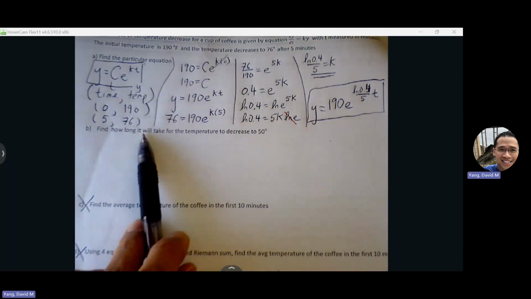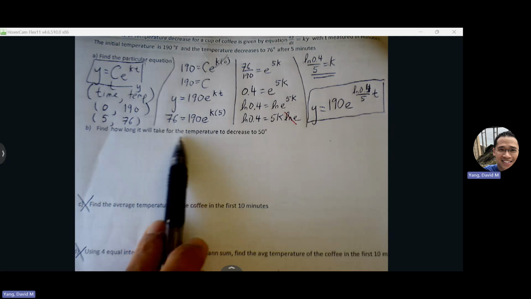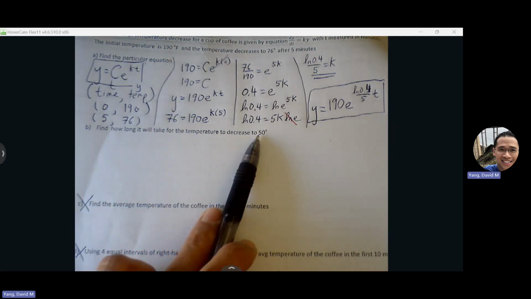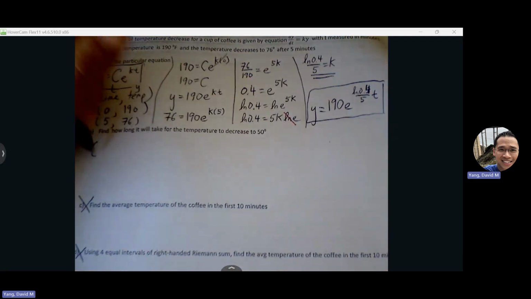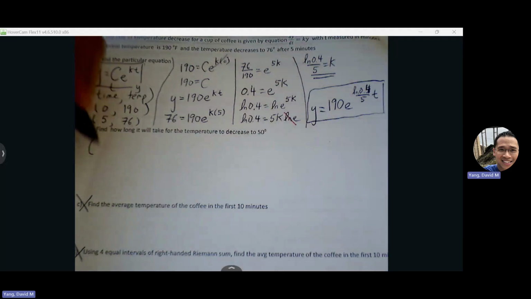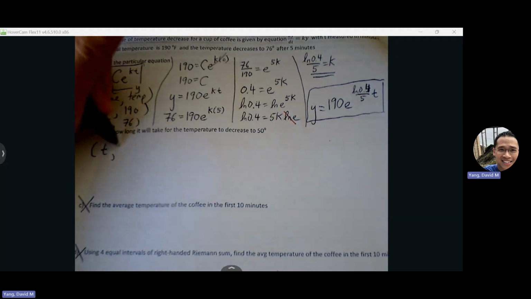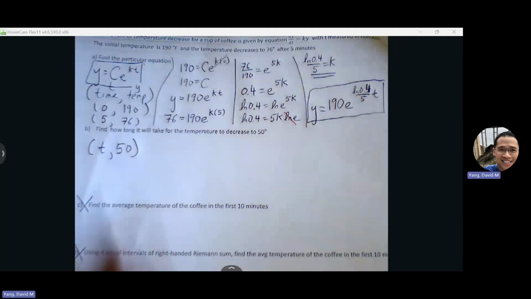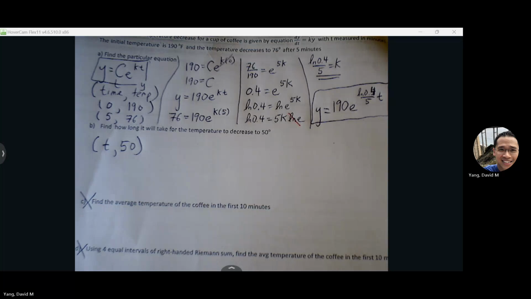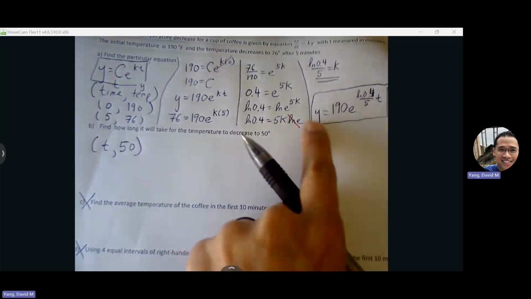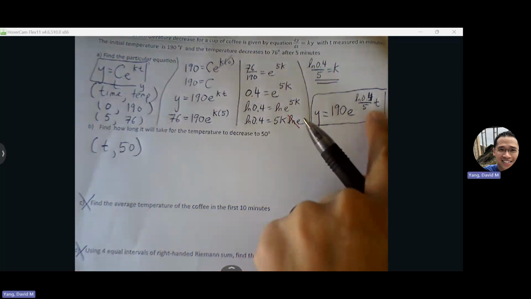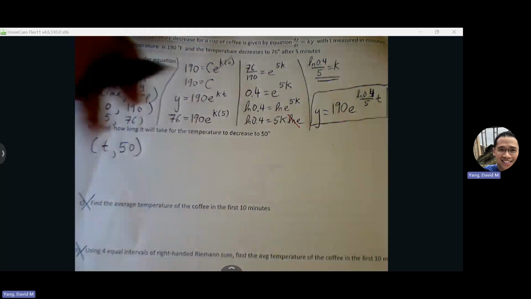All right, part B, find how long it takes for the temperature to decrease to 50 degrees. So this is our third ordered pair with a missing piece. We know that we're looking for some time when the temperature drops down to 50. So plug 50 in for y, and then we can focus on trying to solve for t.